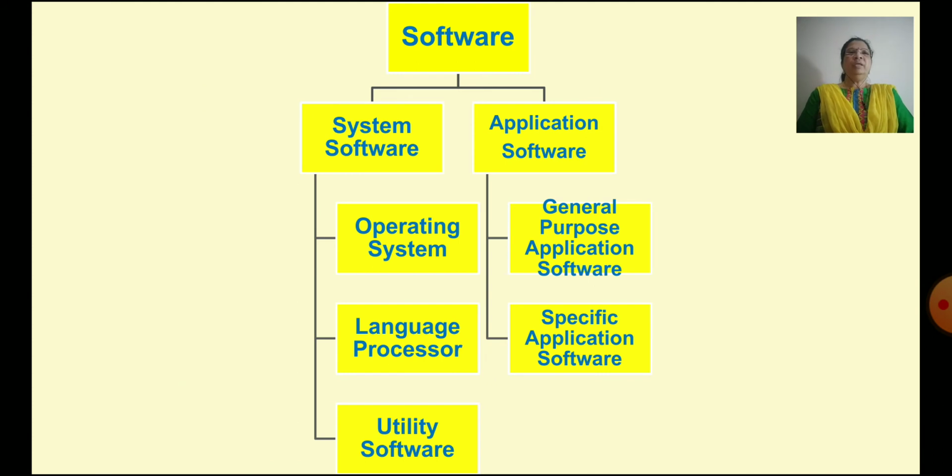Now, system software can be divided into three different types: operating system software, language processor and utility software. So, first we will learn the operating system, OS. OS stands for operating system.